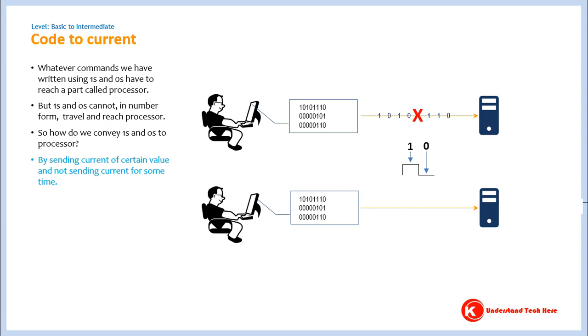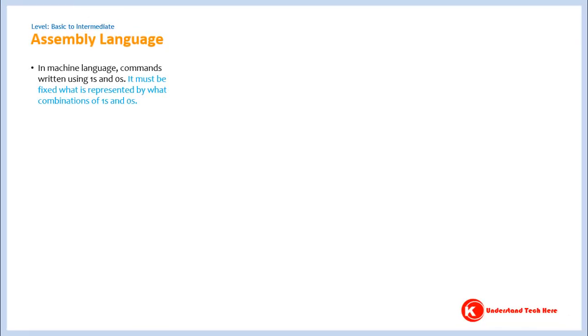So ultimately, current representing ones and zeros reaches the computer. In machine language, programs are written using ones and zeros.